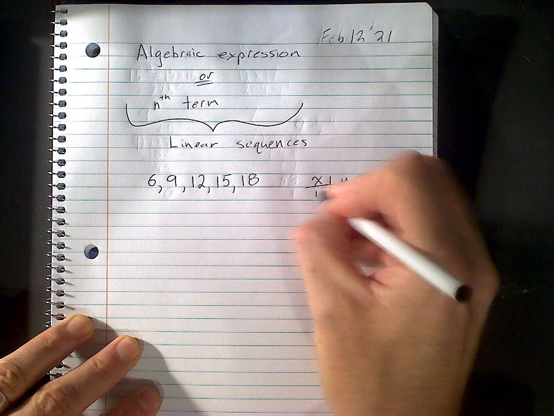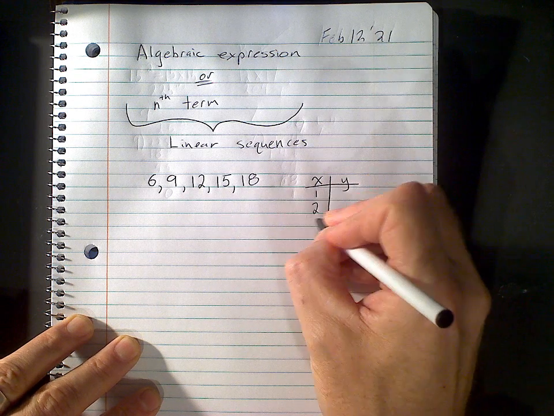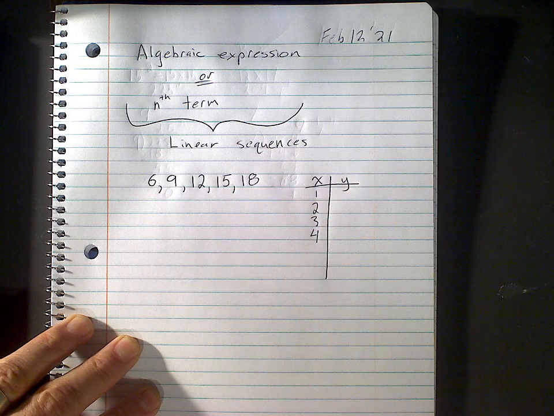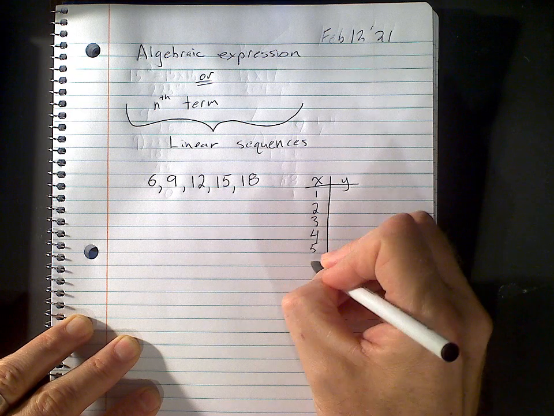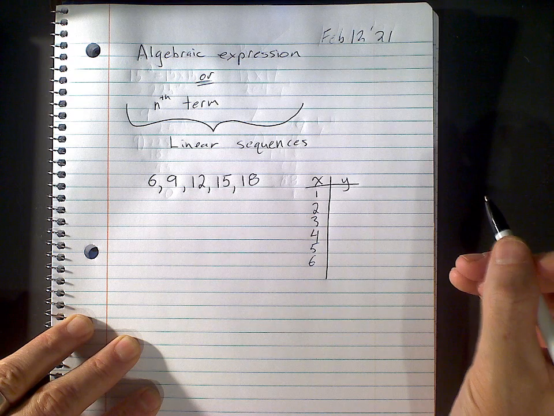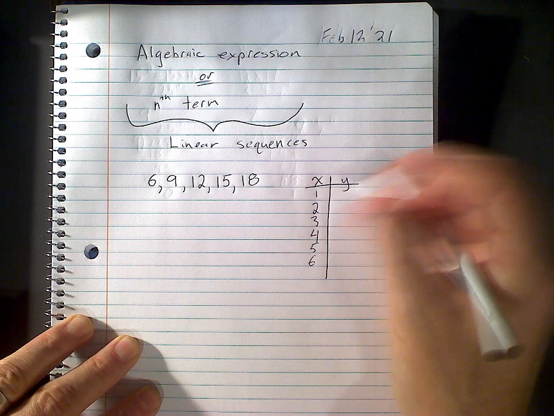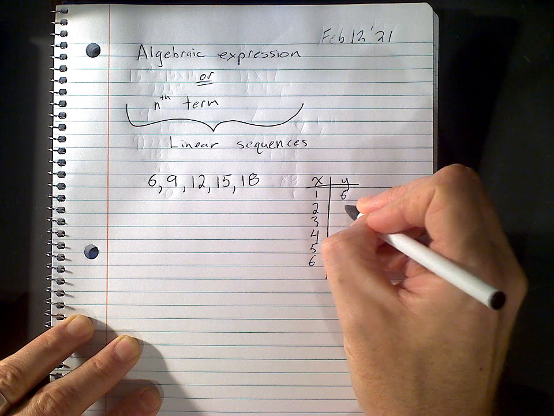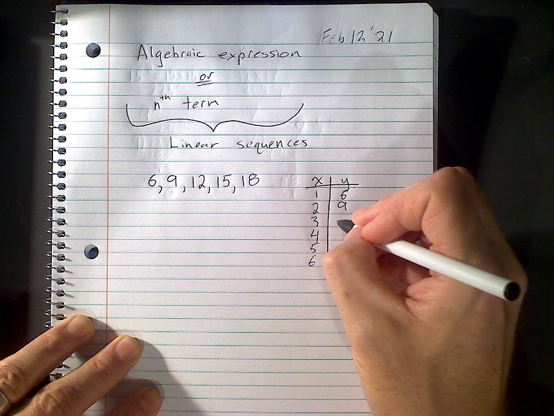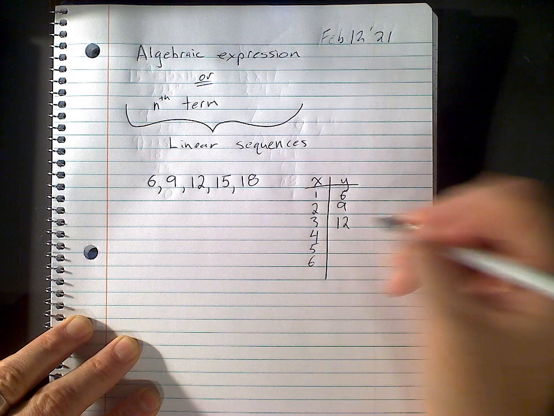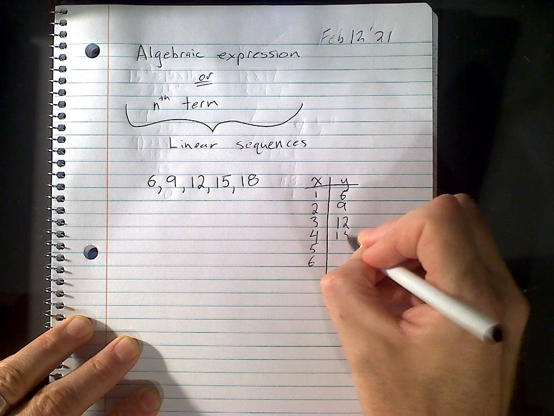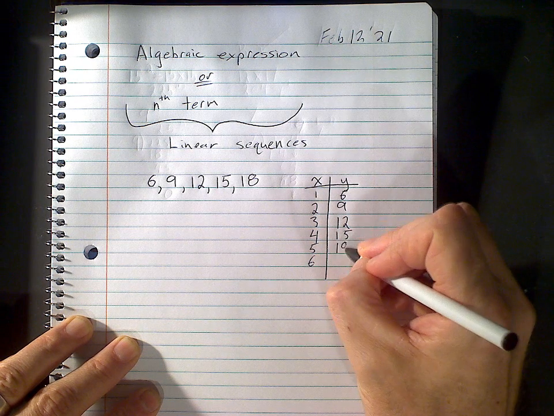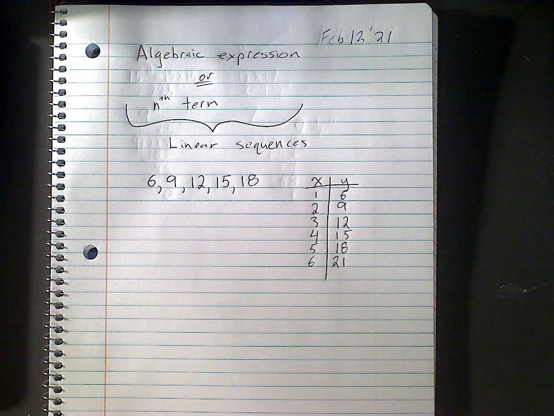X is 1, first term, second term, third term, fourth term, fifth term, sixth term, or nth term. It could be N as well. Y is, well, we're just going to fill in the numbers here. 6. I hope everyone's writing this down. 9. Even you listeners at home. 12, 15, 18, 21. I went further than I needed to.